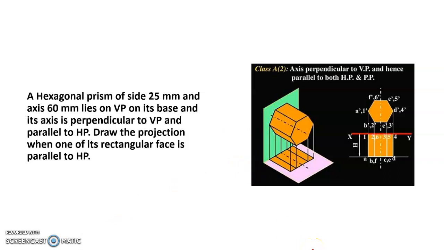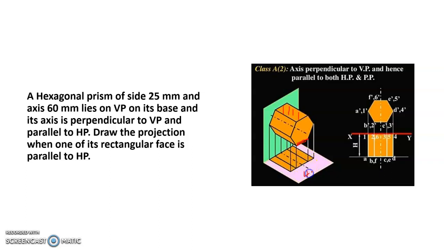Okay, so this is an example, a hexagonal prism whose axis is perpendicular to VP and parallel to HP. In the front view you will get a hexagon like this. So in this case they will make a statement, that means one rectangular edge or edge of the base will be parallel to HP.